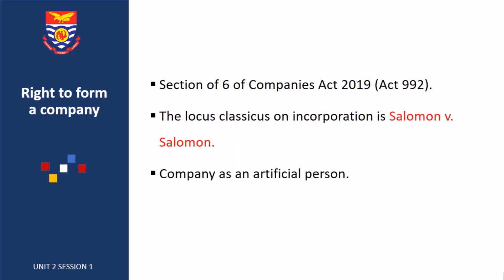Now, you want to know the right to form a company. Who has the right to form a company? Can anyone at all stand up one day and form a company? The answer to this question can be seen from Section 6 of the Companies Act. So, 2 or more people can form a company.